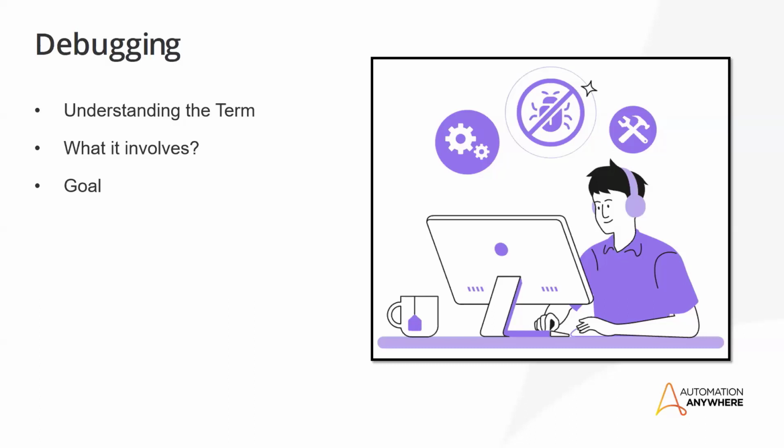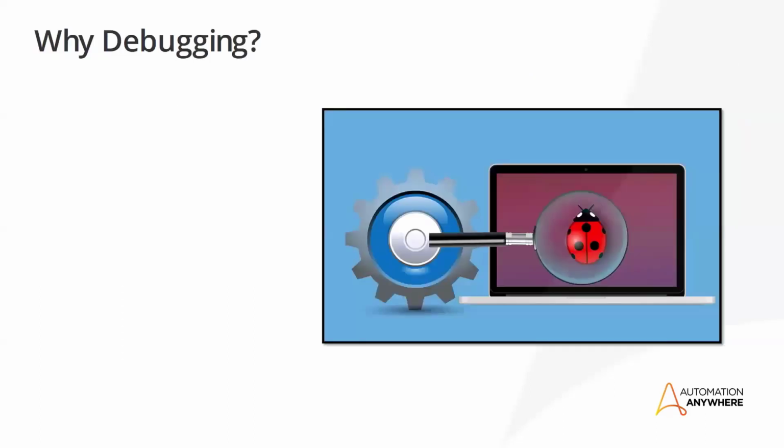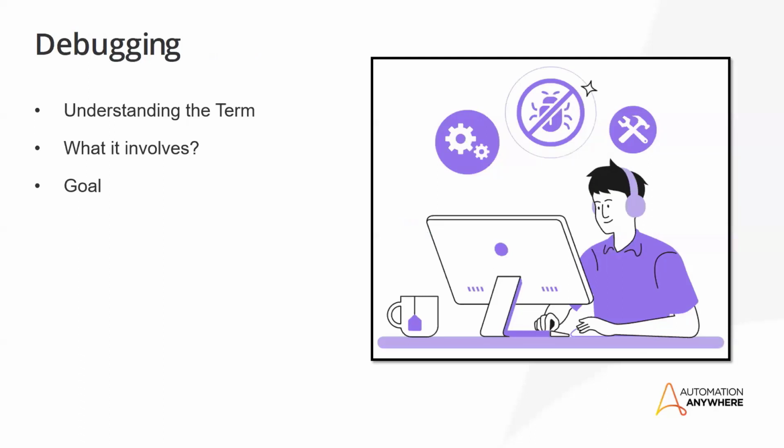Then you might ask, what is the goal of debugging? The goal is to ensure that our task bot or our automation operates correctly and efficiently. This debugging can range from a simple syntax correction to complex logic corrections and performance optimization.